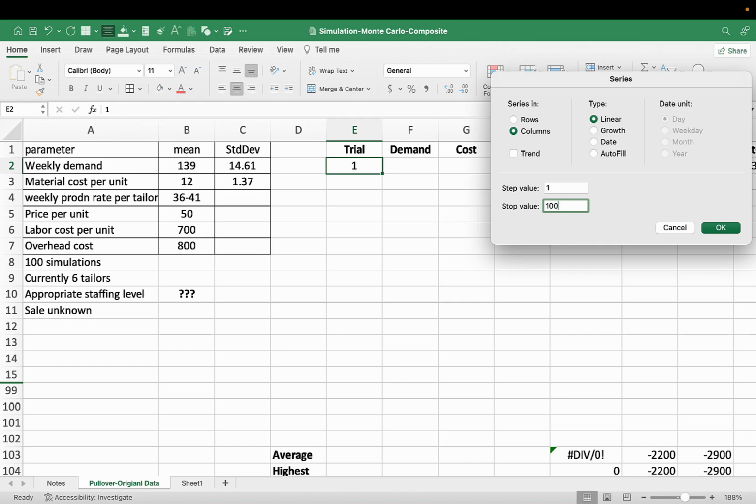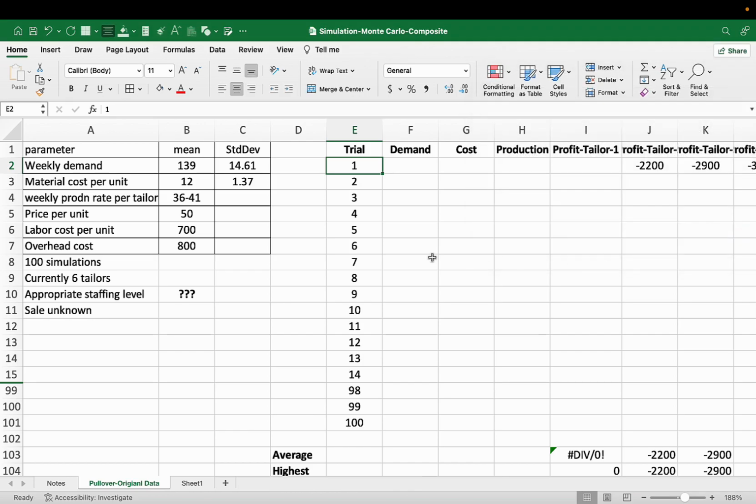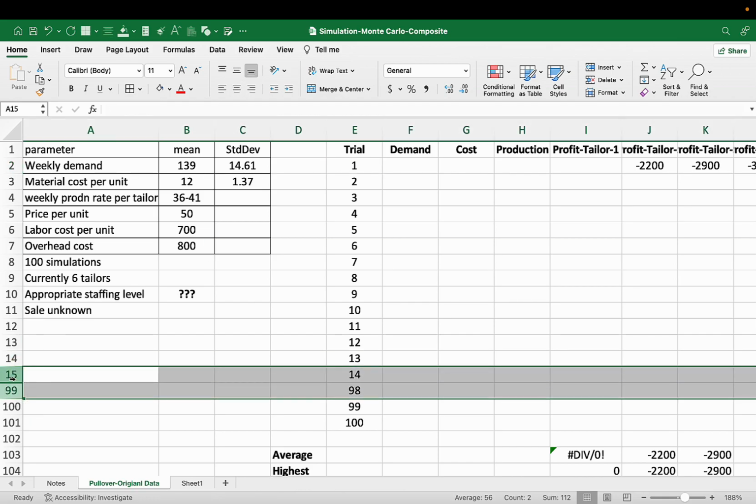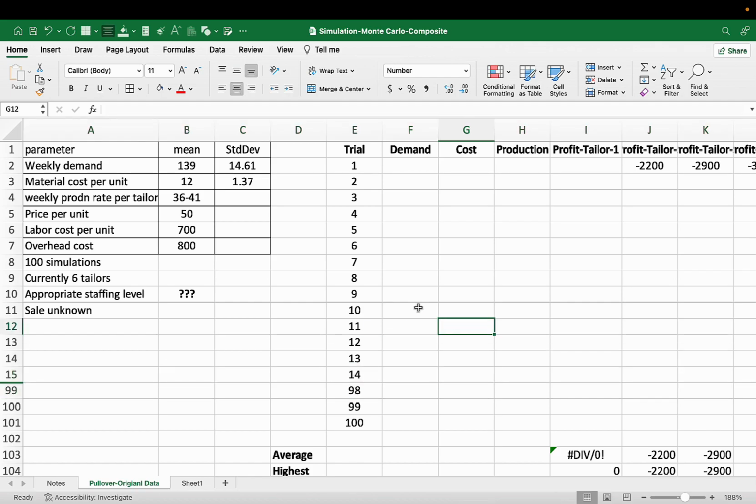I want to fill up to 100, so selecting Columns and then 1 to 100, if I click OK, it will automatically fill it up to 100. And as I mentioned earlier, some rows are hidden. You can see here 15 and 99. The rows from 16 to 98 are hidden, but that will not affect our calculation in any way.